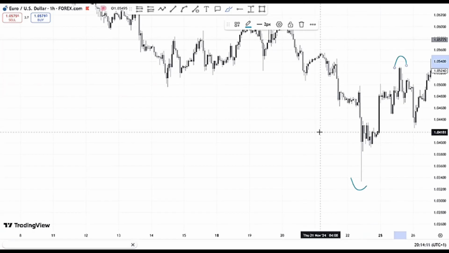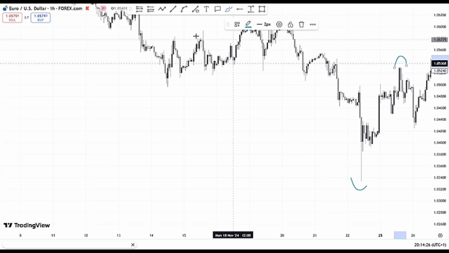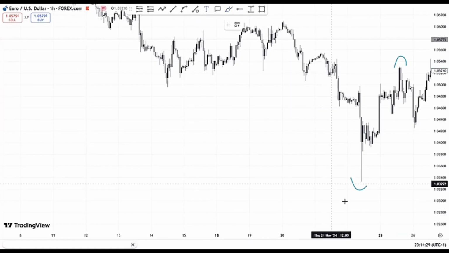A structure range is the distance between 2 points, point A and what? Point B. So let's assume this is point A and this is point B.